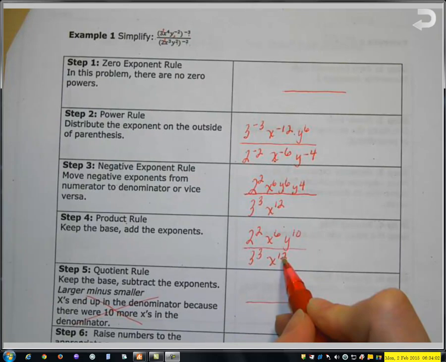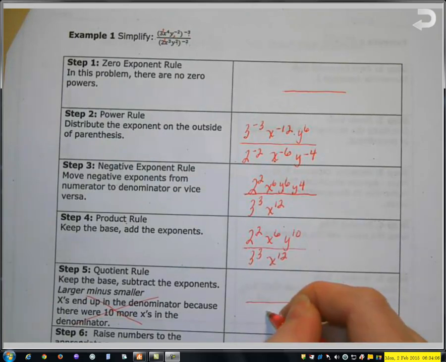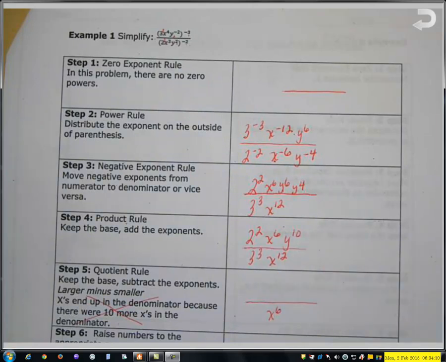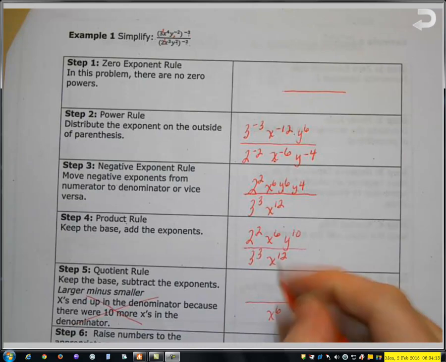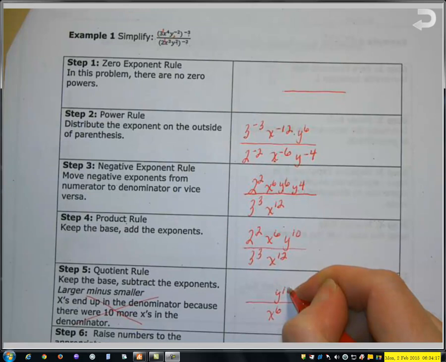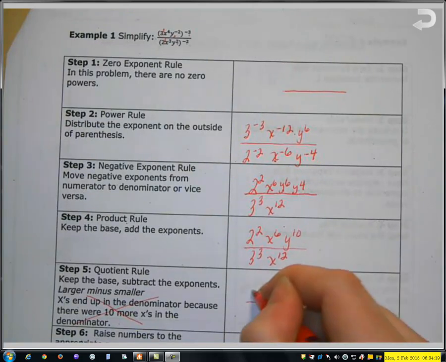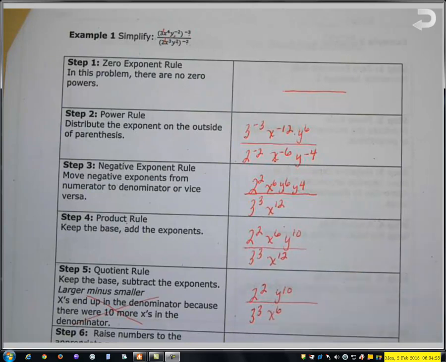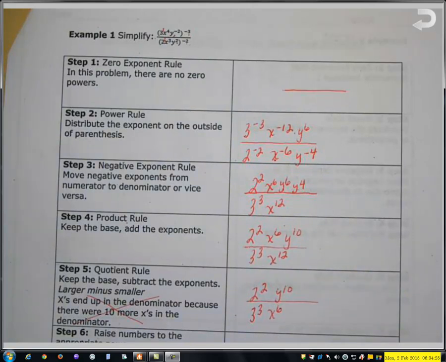So we're going to do larger minus smaller. 12 minus 6 is 6. And we're going to keep our answer in the denominator because that's where the larger exponent was. And those are the only like bases that we have to divide.